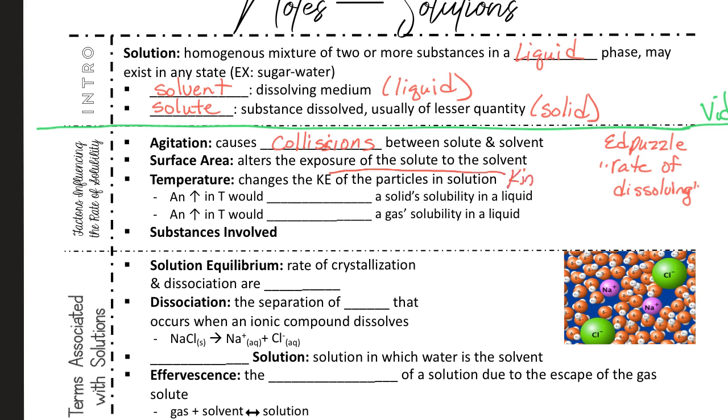KE stands for kinetic energy. An increase in temperature will increase a solid's solubility in a liquid. Now, this is not true for a gas. In fact, if you increase the temperature, it will decrease how much gas will be dissolved in a liquid.